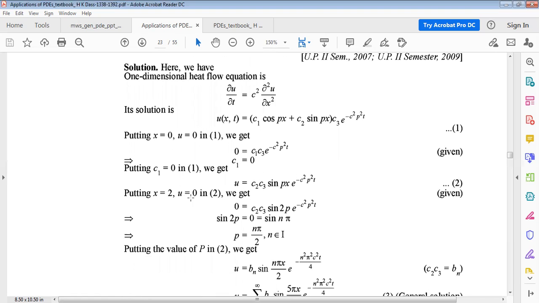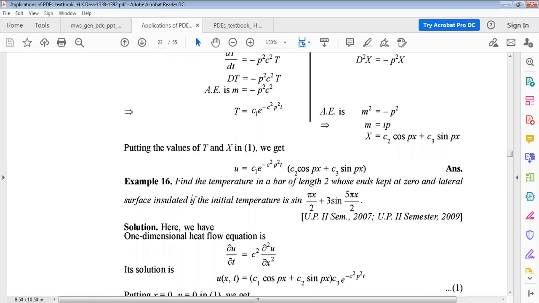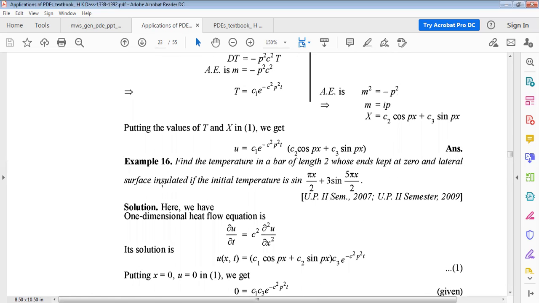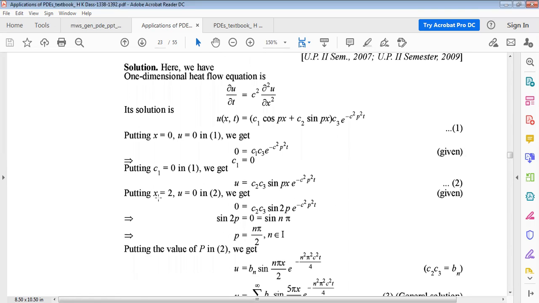Again putting x equals 2 and u equals 0, since the bar has length 2 and the lateral surface is insulated. So if x equals 2, then u equals 0 in equation 2.